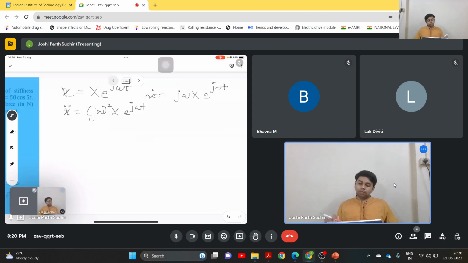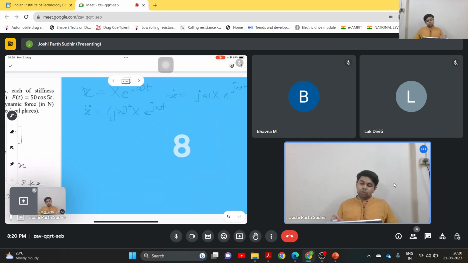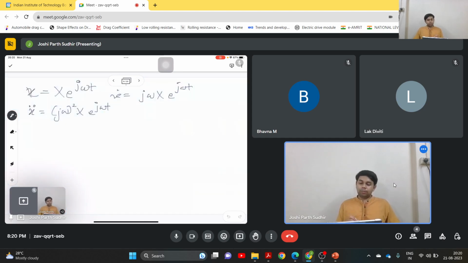If we substitute this solution in this differential equation, we will get minus omega square m x plus k x, into e to the power j omega t.